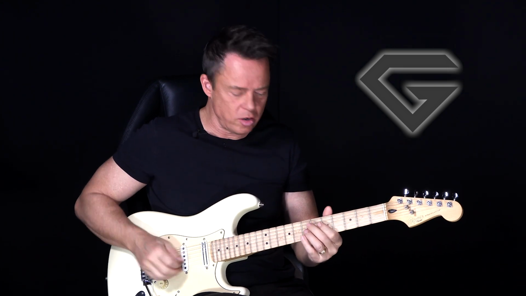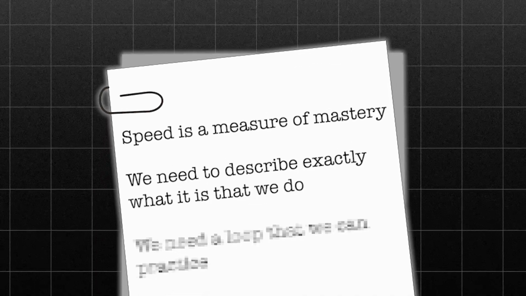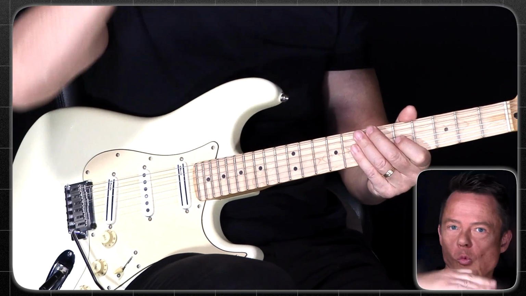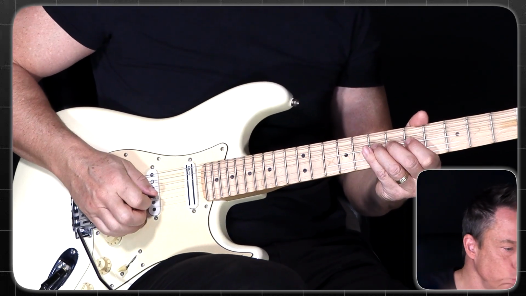So here's the thing that most people do when they start. They say, okay, bending is like, you bend up a semitone, and that's it. That's bending. But first of all, we need to describe exactly what it is that we do, right? Because I want to bend at a certain rate of speed, first of all, right? It says, wang. It doesn't say like, right?